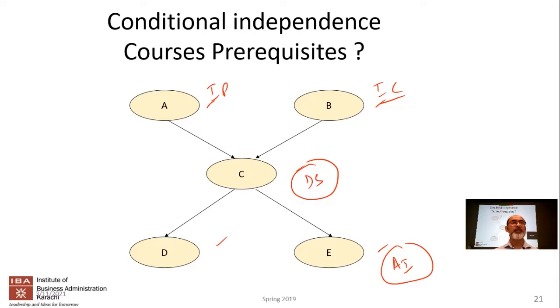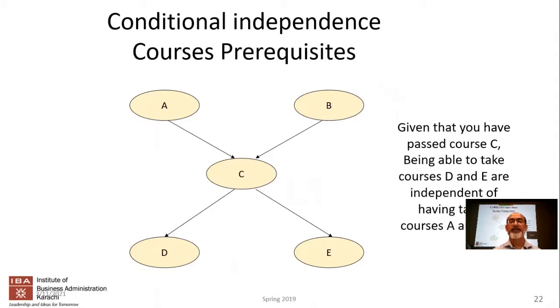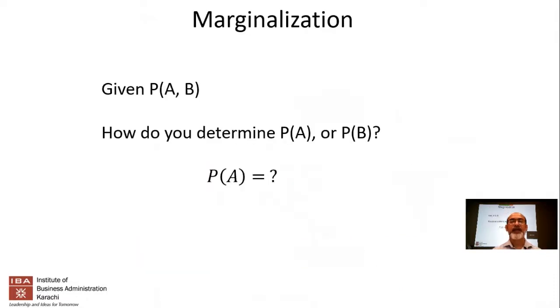That's why you were able to go to C. C depends on A and B, but E only depends on C. So it's a conditional independence, and you'll come across this in the whole of today's lecture again and again. Similarly, D is only dependent on C. If C is true or false, it doesn't really care about the earlier values. So this was just this example.